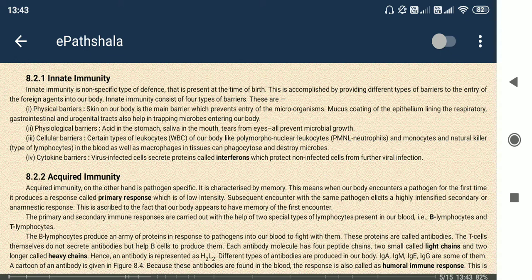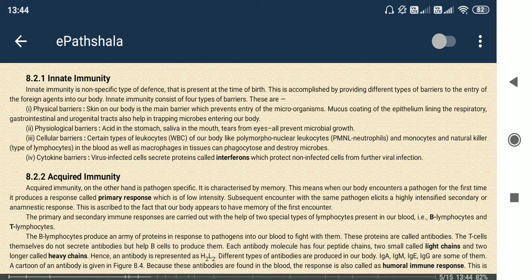What is an antibody? An antibody is nothing but a macromolecule that is formed inside our body against antigens. Antigens are macromolecules from outside that enter our body and cause some disease or disorder.